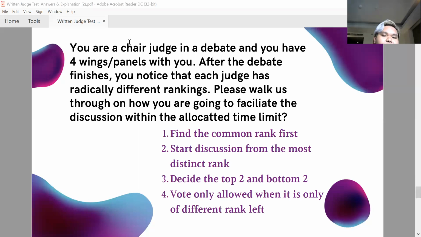I think that the first step you could take is to first find the common rank. For example, in the four wings, which means there are five judges, maybe four of them already give the clear win or clear first to OG, for example, or the clear fourth to OG, and the other ranks like first, second, third are the same, but then there is one panel that suddenly gives fourth to opening government regardless other panels give it first.